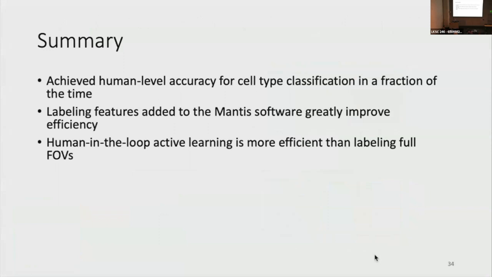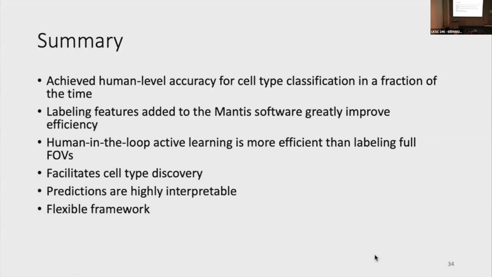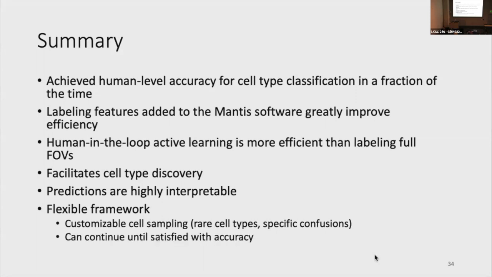And the process is really more efficient than labeling the whole fields of view. It facilitates the cell type discovery and is interpretable. And it's a really flexible framework in that you can customize it as you want to find rare cell type specific confusions. You can continue until you're satisfied with accuracy, and you can also use other methods as an input.